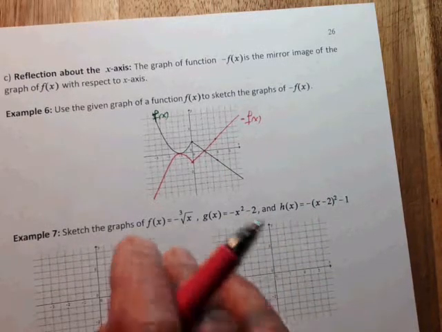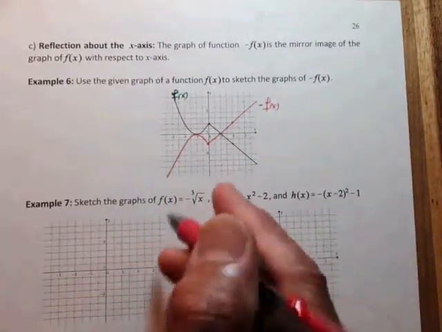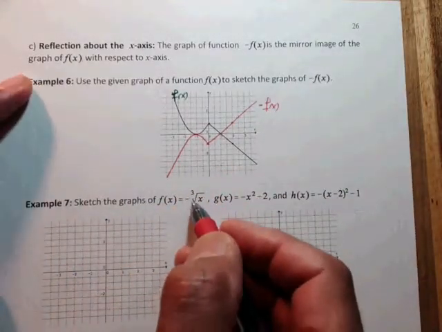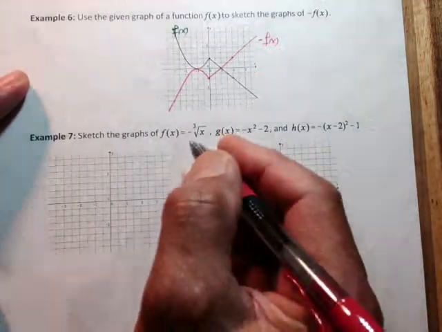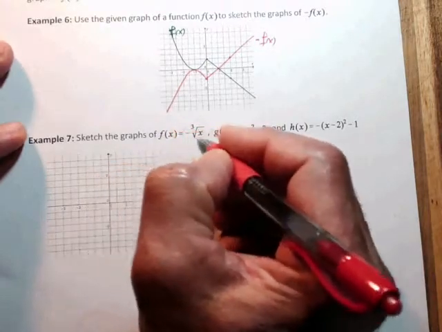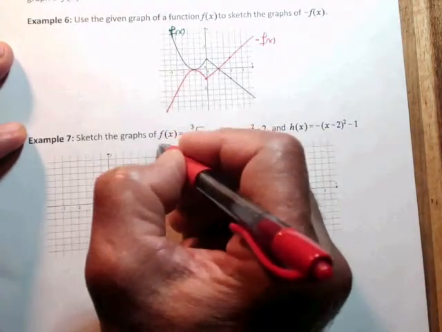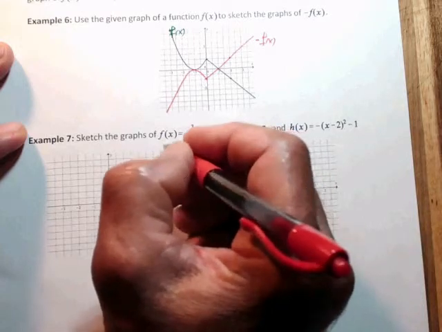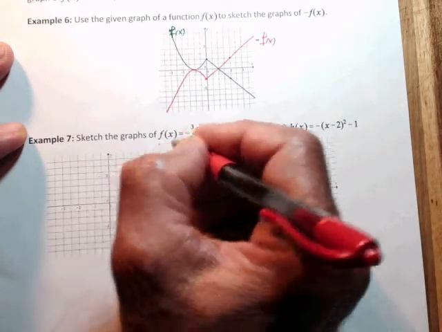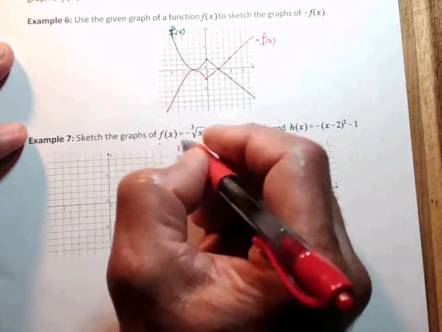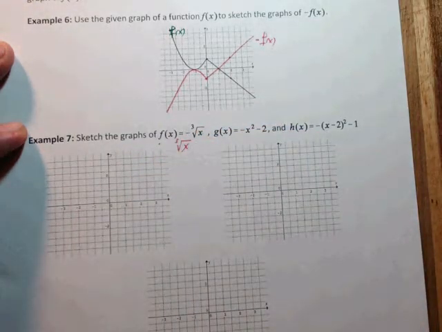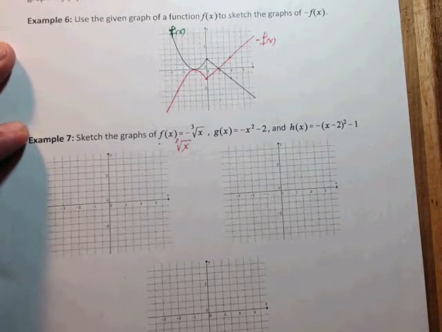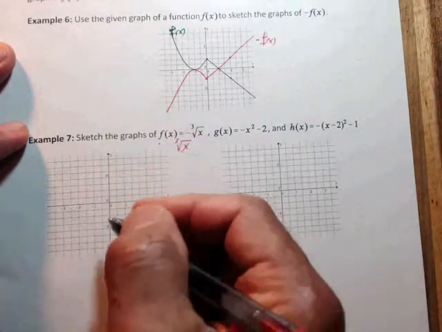Now if you actually have functions like negative cube root of x, how would I do that? Well, first we have to see what the parent function is. The parent function in this case, I don't have room here, I wish I had more room, is the cube root of x. In the previous section we learned how the graph of cube root of x looks.